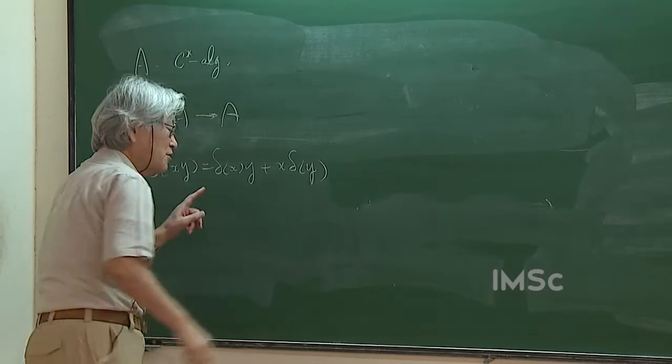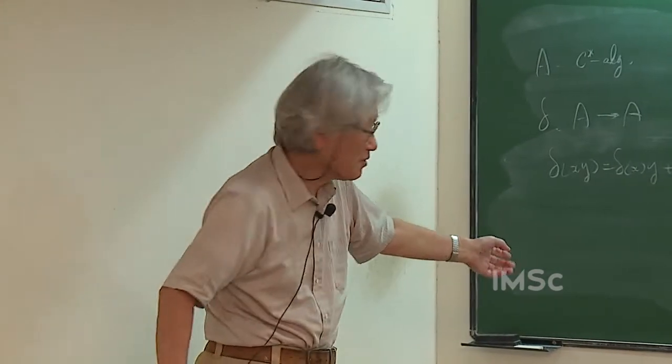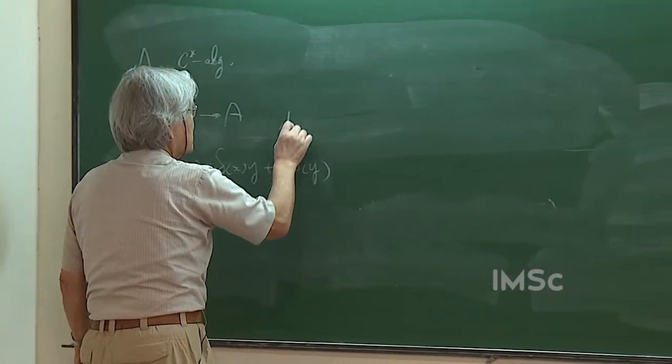The Leibniz rule does not require the algebra to be commutative. This is called a derivation.